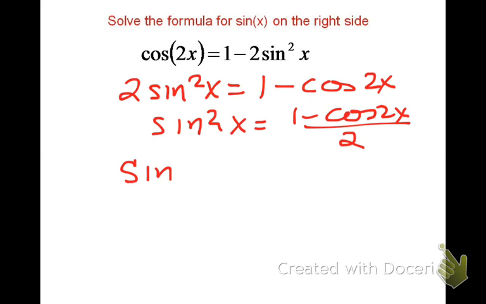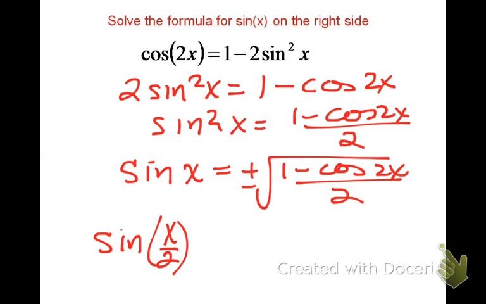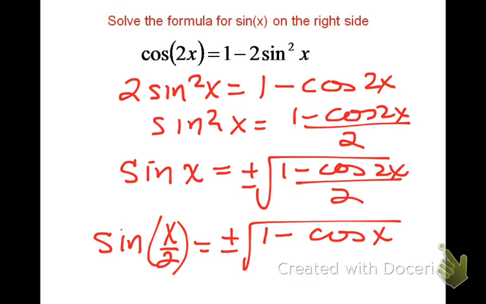And then taking the square root will leave me with the regular single angle for sine is equal to plus or minus the square root of 1 minus cosine of 2x over 2. And again, because this is a half angle formula, you will see it written like this, where the sine of half the angle is equal to plus or minus the square root of 1 minus cosine of a regular full x over 2.